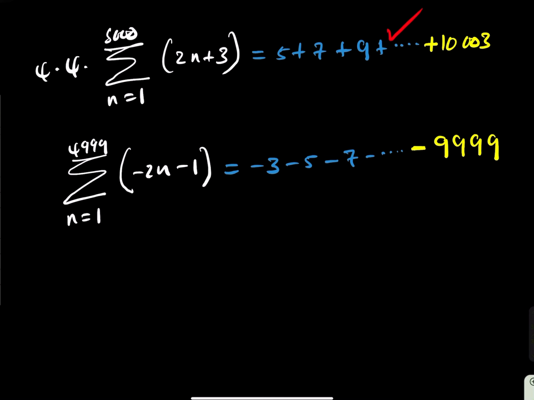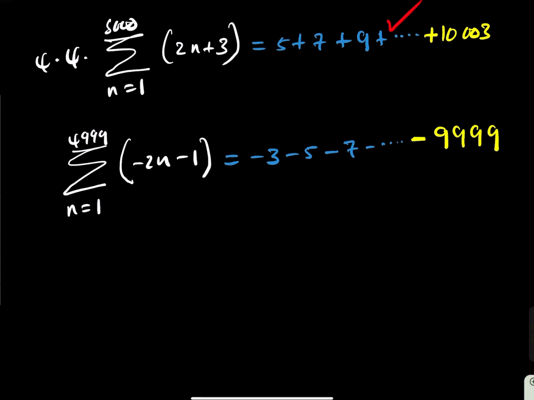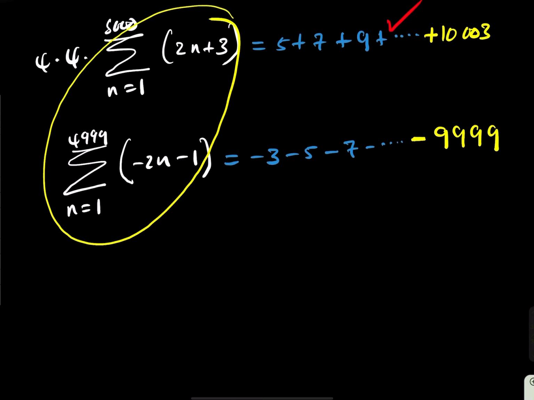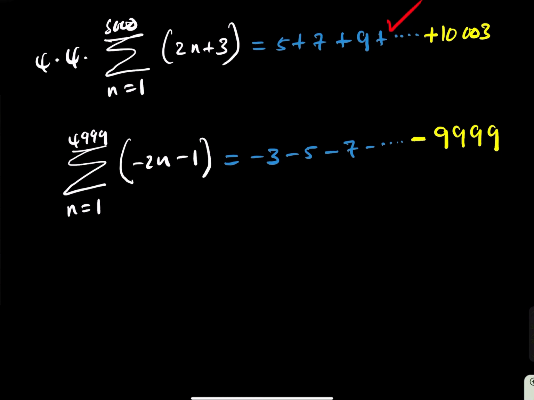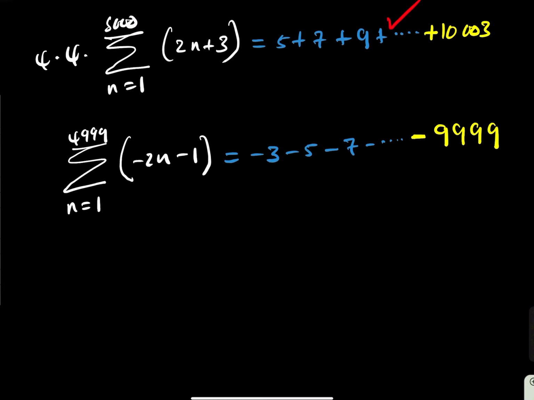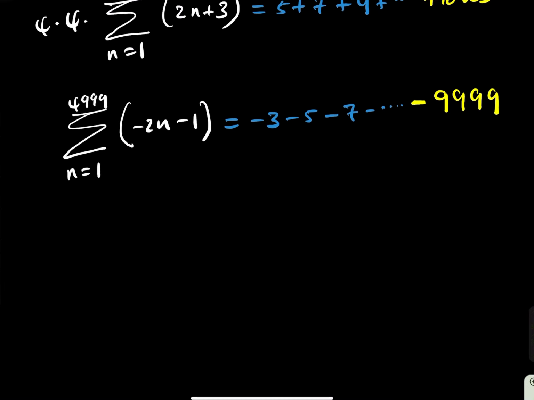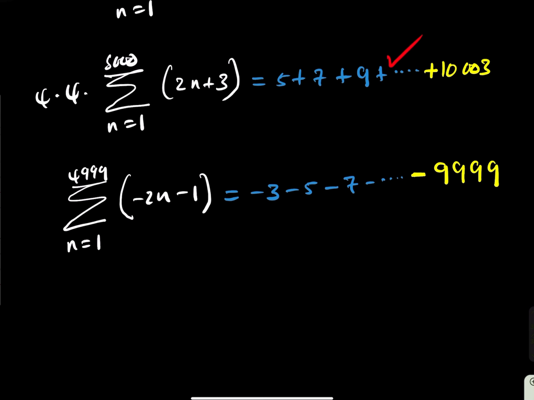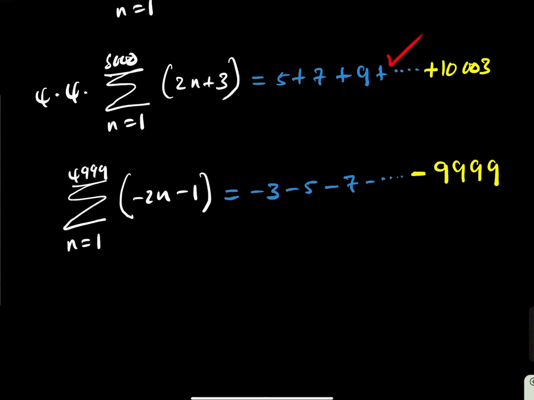So they are saying to us, write down the sum of these two when they are added. I think the best way will be to find the sum of the 5,000 terms.